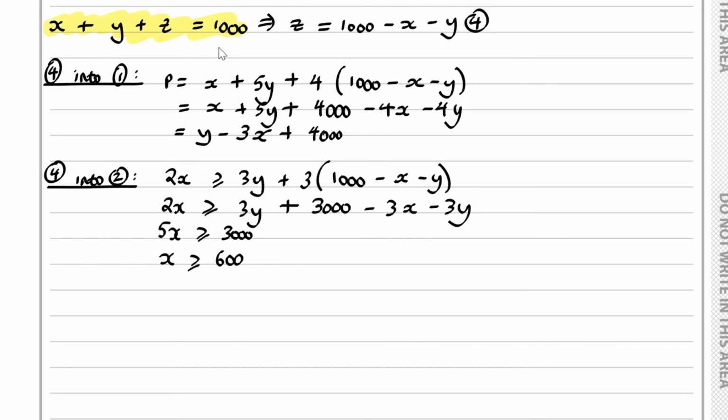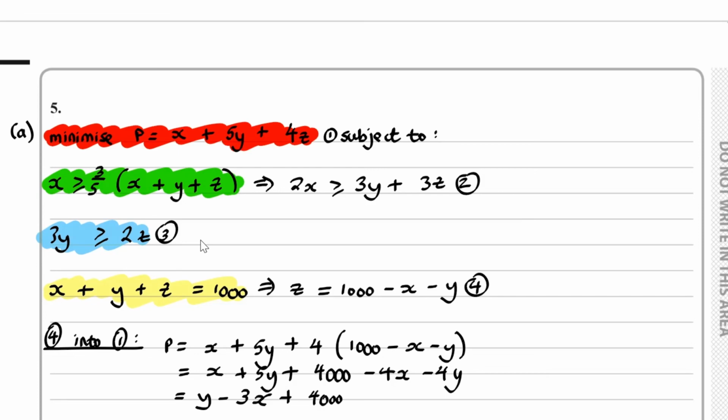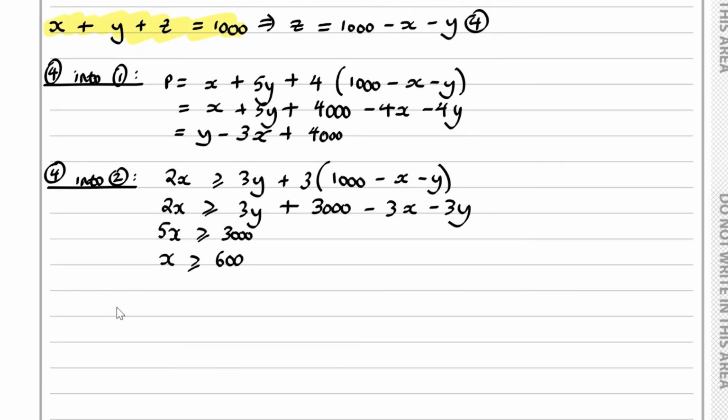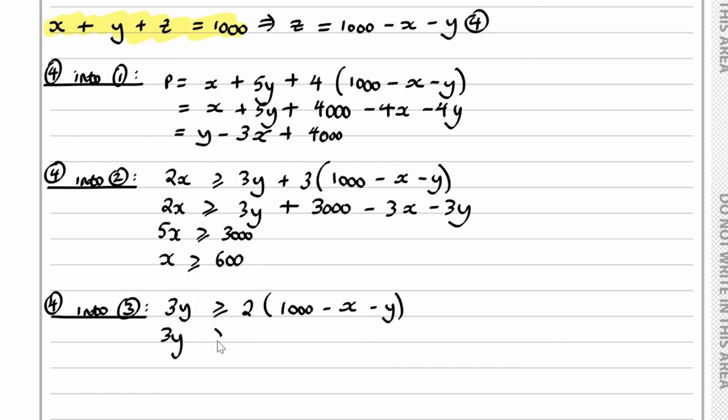So that's equation 4 into 2, and now if we substitute in equation 4 into 3, if we work this out, we have 3y being greater or equal to 2z, so we have 2 lots of 1000 minus x minus y, so we have 3y being greater or equal to 2000 minus 2x minus 2y, so we have 5y plus 2x being greater or equal to 2000.